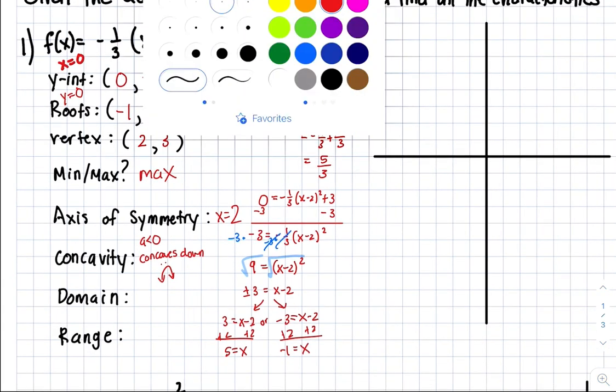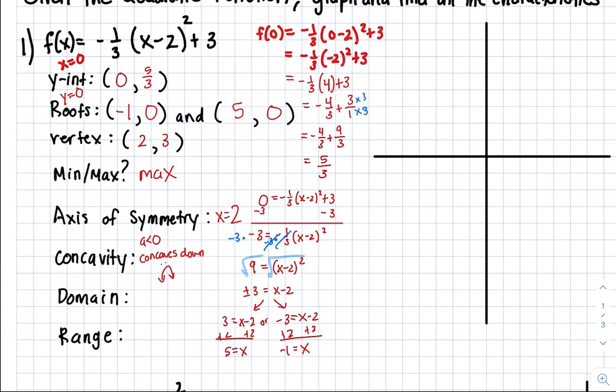Alright, let's graph. So we got negative 1, comma 0. 1, 2, 3, 4, 5, comma 0. Our vertex is 2, comma 3. And our y-intercept, 5 over 3, you guys, is like 1 and 2/3. So 1 and 2/3 is like right around there.